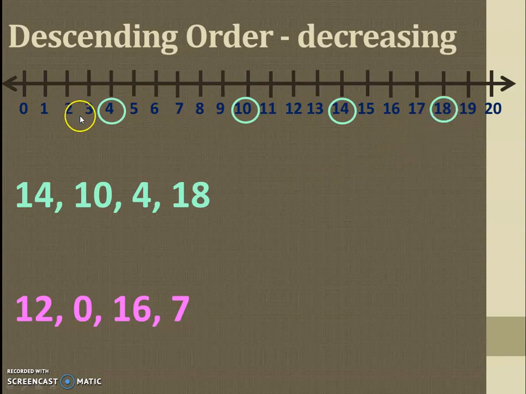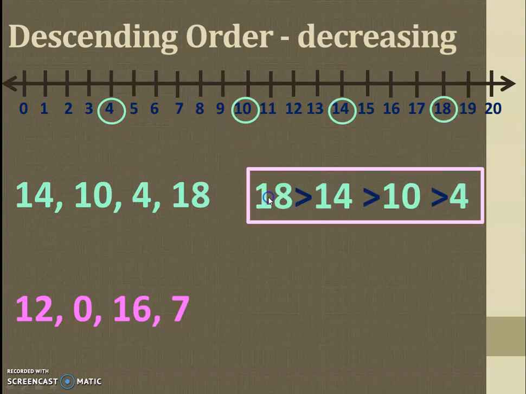In increasing order we have taken from left to right, whereas in descending order from right to left. From biggest to smallest we are going to keep. That is the only difference between increasing and decreasing order. Now my decreasing order is 18, 14, 10, 4. Because it is decreasing order, I am going to write from right to left, the opposite way. Yes, correct. So 18, 14, 10, 4.